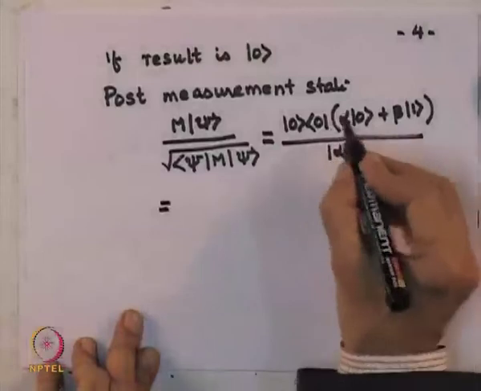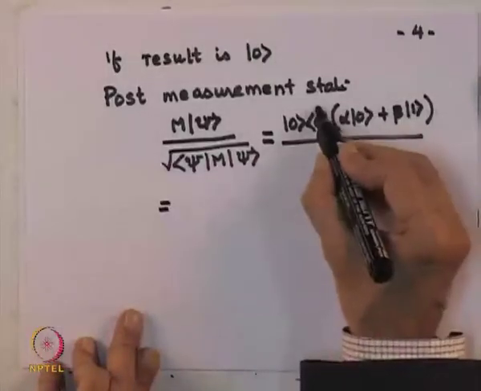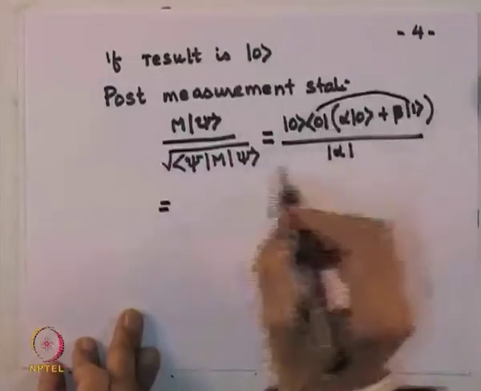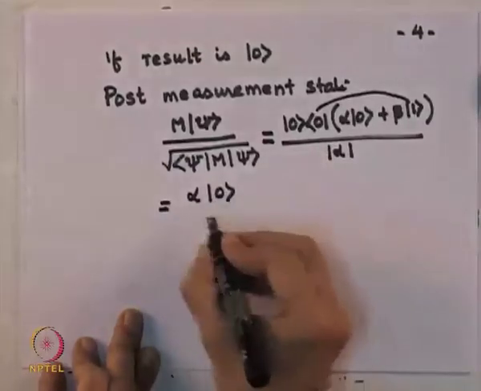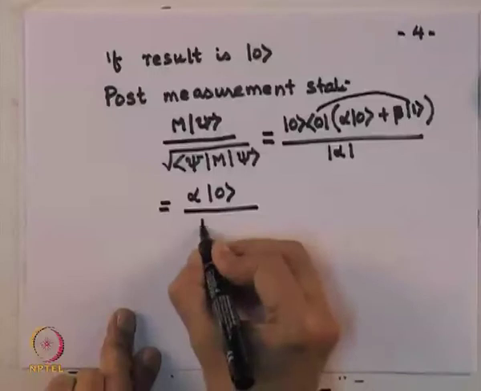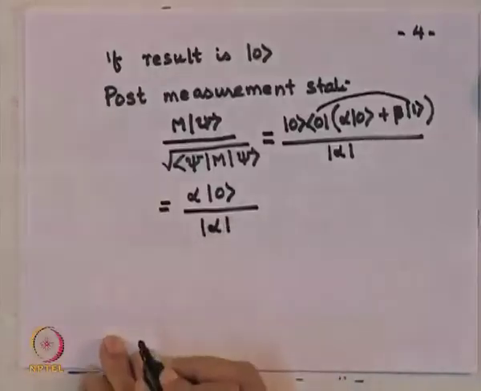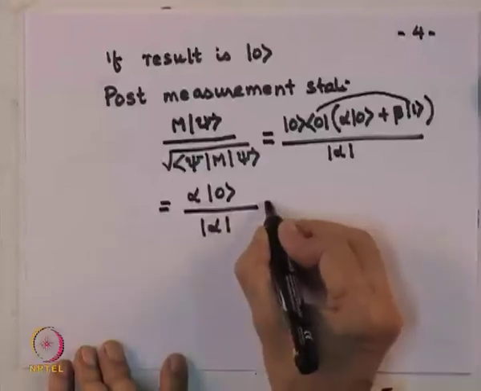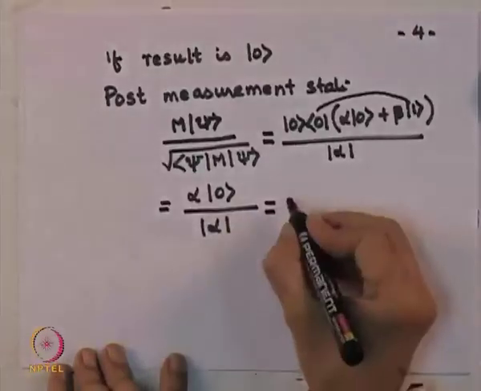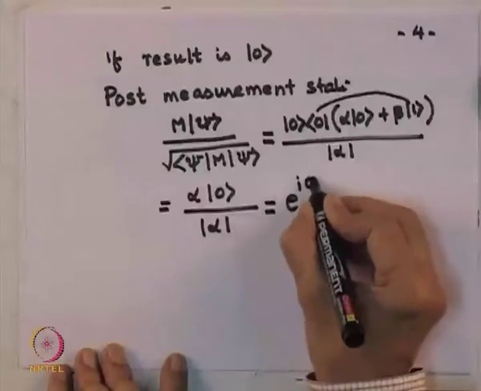And obviously this scalar product is 0, so I am simply left with alpha 0 divided by modulus of alpha. Now realize that alpha by modulus of alpha is basically a complex phase e to the power i phi 0.